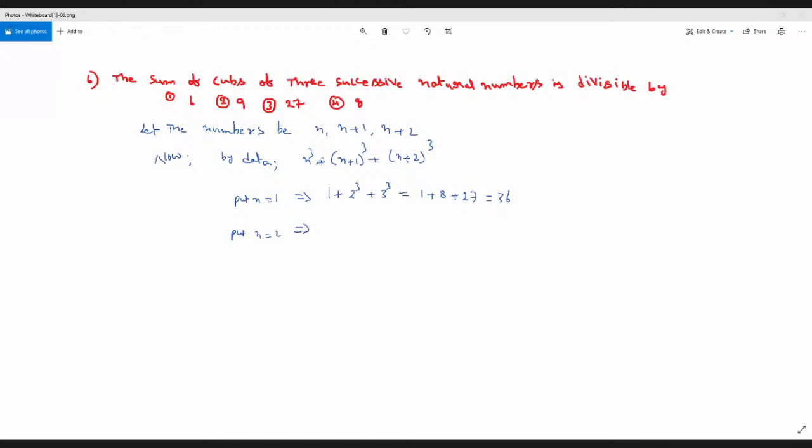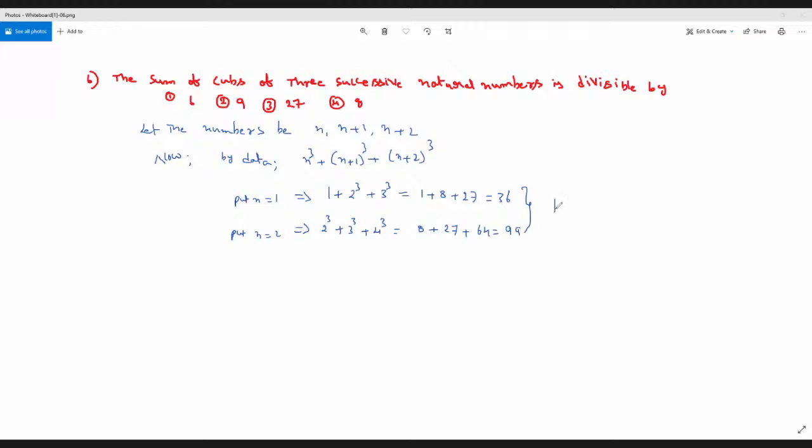If n is equal to 2, it is 2 power 3 plus 3 power 3 plus 4 power 3. So clearly it is value 8, 27, 64. So what is the total value? 99. Clearly both are divisible by 9.